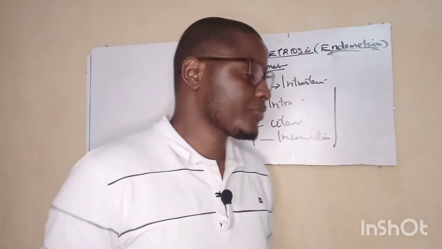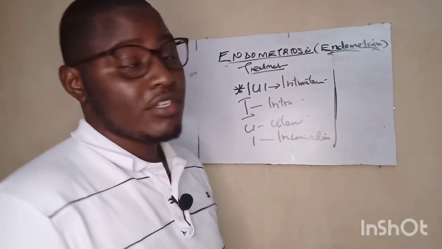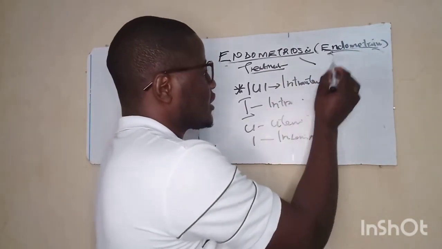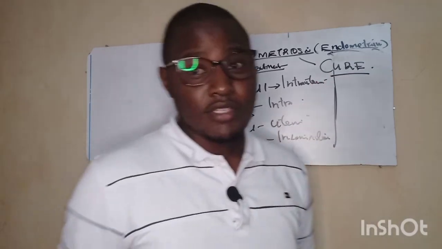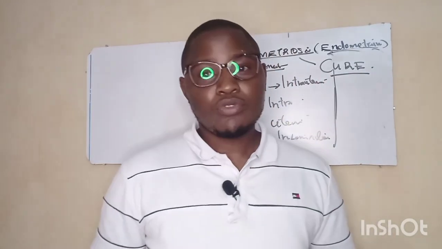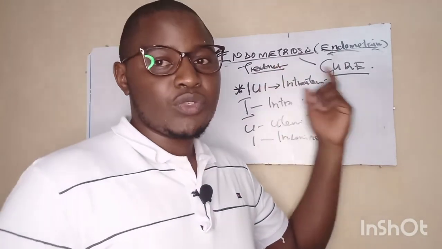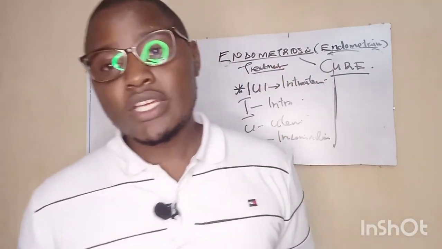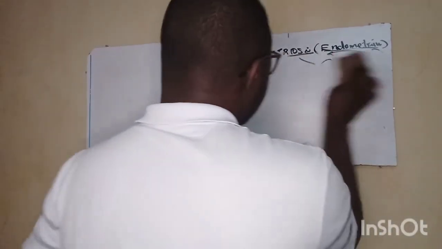So these are some of the treatments that we can give, because remember, this endometriosis does not have any cure. There is no permanent cure for this endometriosis. So what we basically do, we try to give you the treatment to make sure that we are easing the pain, and easing the symptoms that you are having.